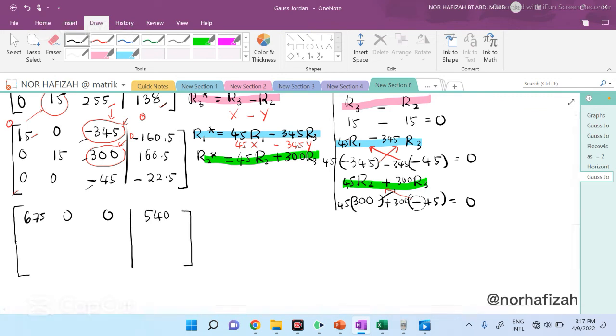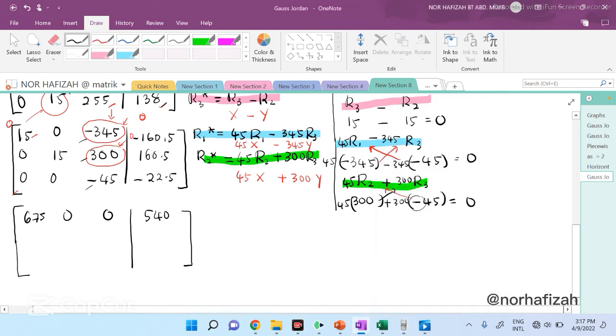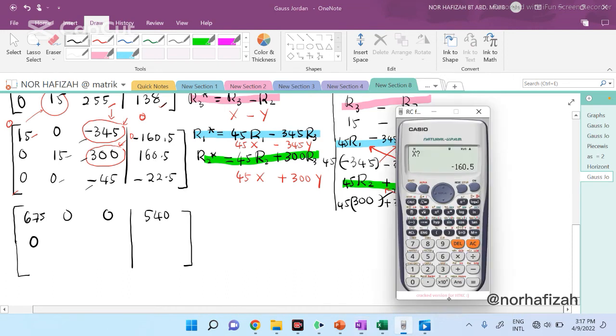Okay, for second row, we write the calculation in your calculator, 45x plus 300y. So you key in your calculator, 300y. Press calculate. So now x is row 2. Row 2, our eyes is at here. 0, 0, 0, 15, 0. Row 2 is 15.